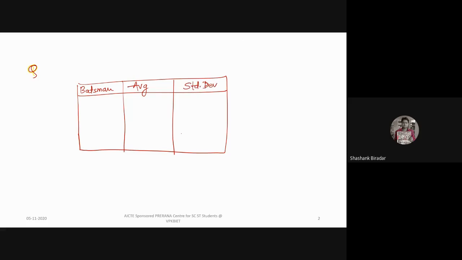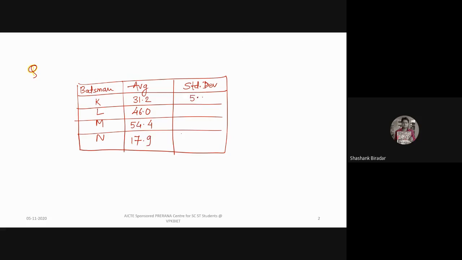We have K batsman, L batsman, M batsman, and N batsman, so four batsmen. The averages are 31.2, 46.0, 54.4, and 17.9, and the standard deviations are 5.21, 6.35, 6.22, and 5.90.